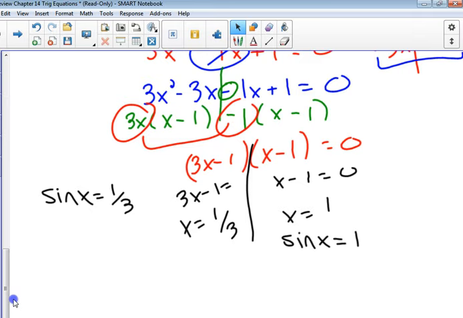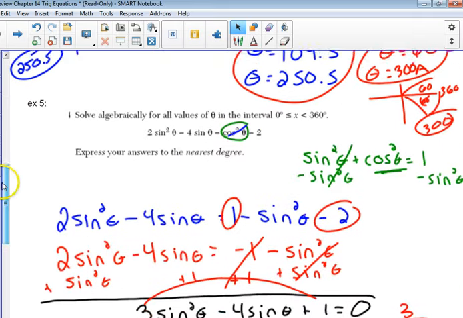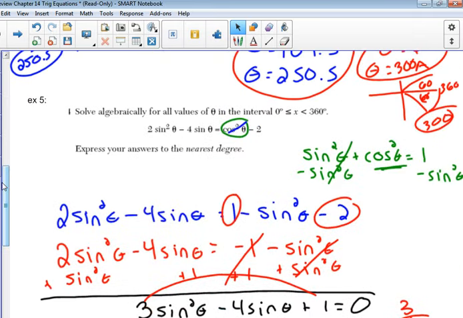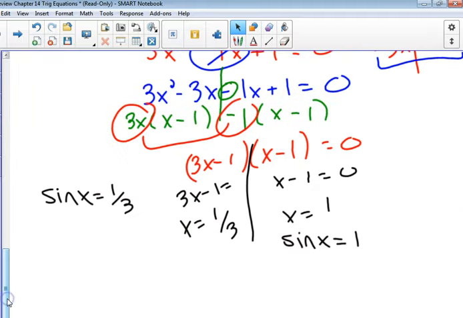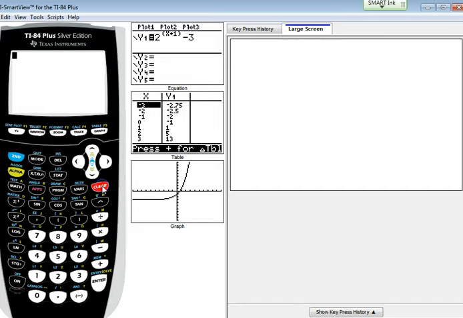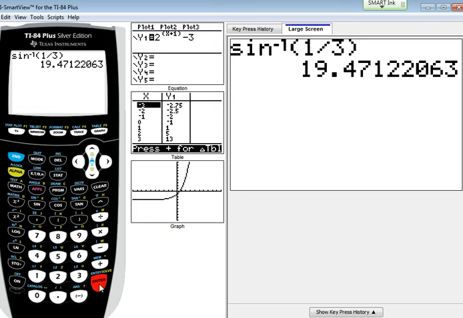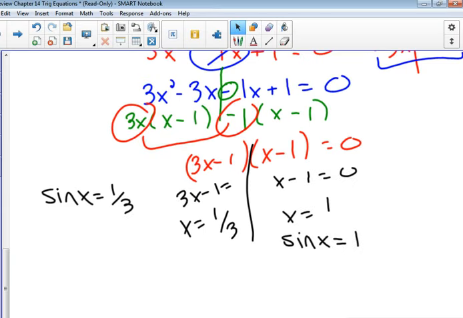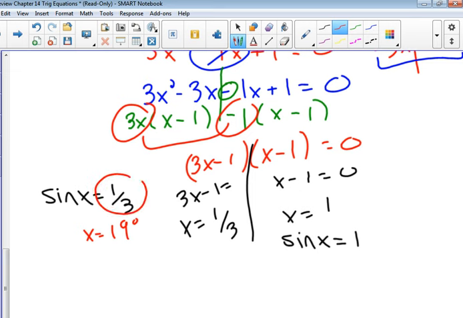I like how that was one of the things you look for, right? They have to tell you where you want to round to, the nearest degree. Looks good. It's the second sine of 1/3. Alright, so nearest degree, 19. So x equals 19 degrees. And notice sine is positive, so where else do you need to check?